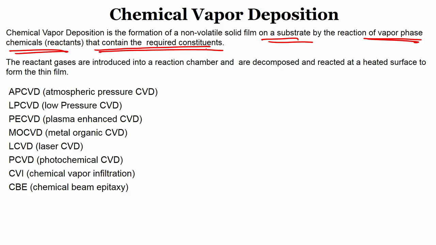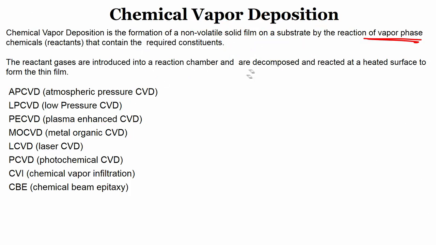That means the chemical reaction happens on the substrate because of the chemicals. The required constituents are the material which we want to deposit on the substrate as a solid film, okay.